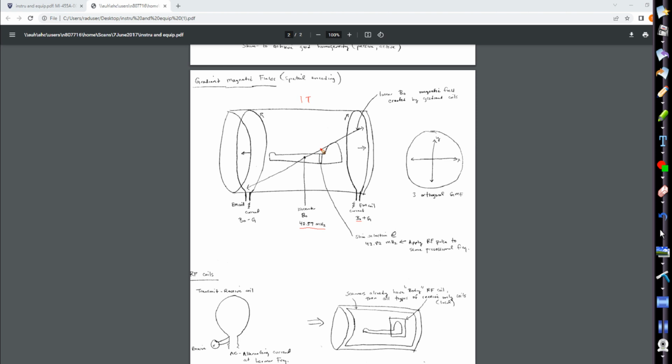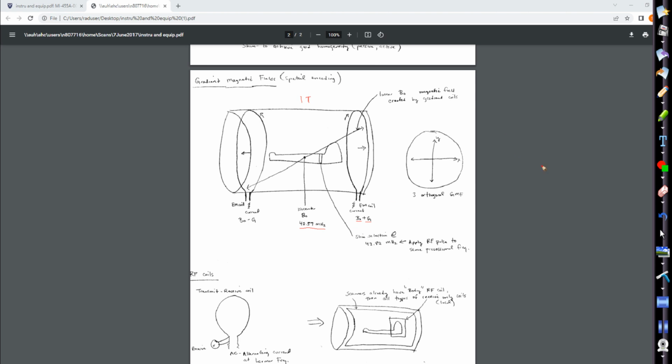So here, we have positive B sub 0 plus our gradient magnetic field strength. I'm just going to give this a number, and I gave it 43.82. That's more than 42.57, so it's changed slightly because of that additional gradient magnetic field in a positive way.